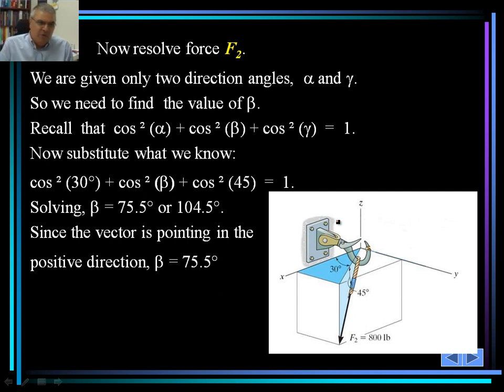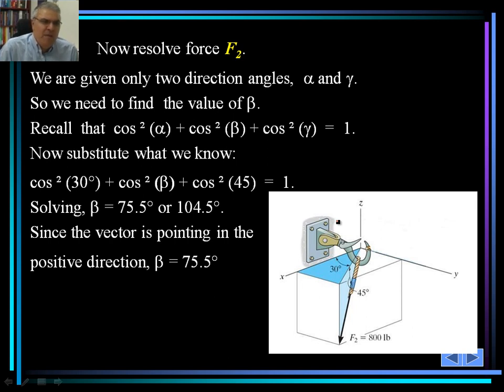So that was F1. Now let's resolve our force F2, and then we will add the components together to get F. The directions alpha and gamma are given here, and we would like to find the value of beta first. Beta could turn out to be 0, or could be more than that. By inspection, we see beta should be greater than 0.